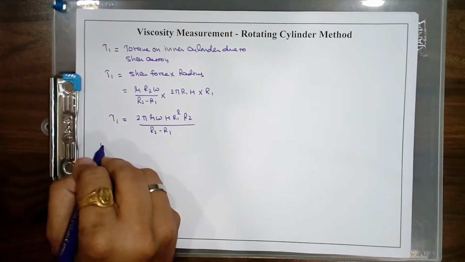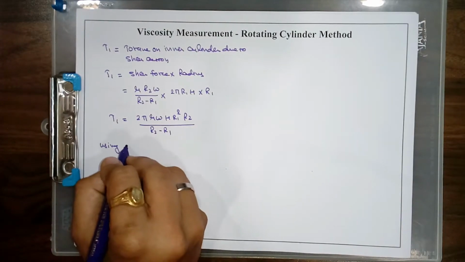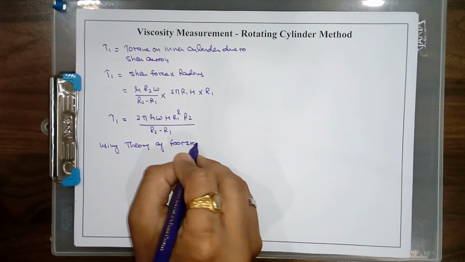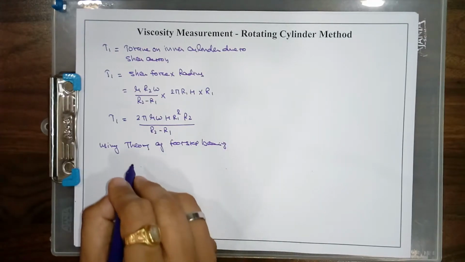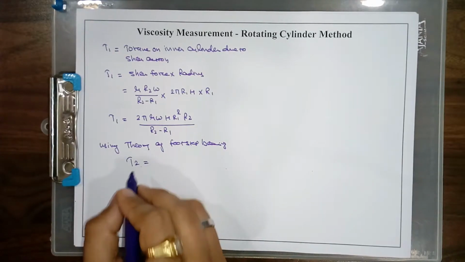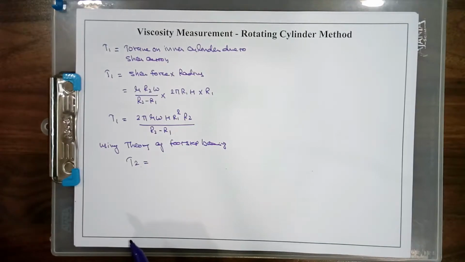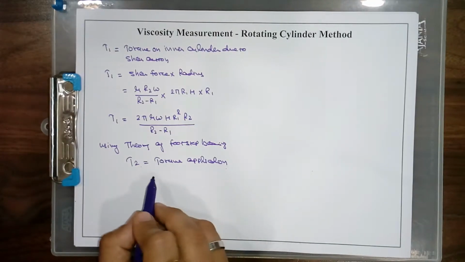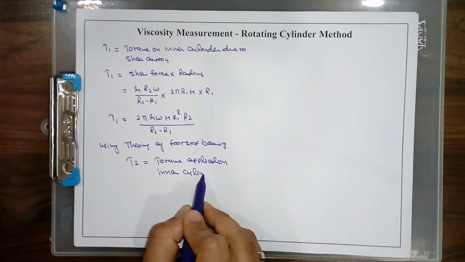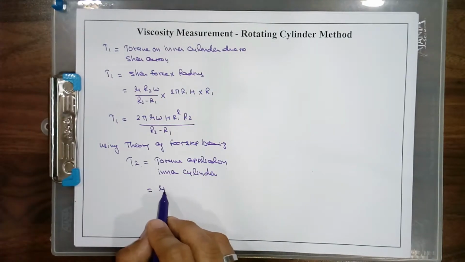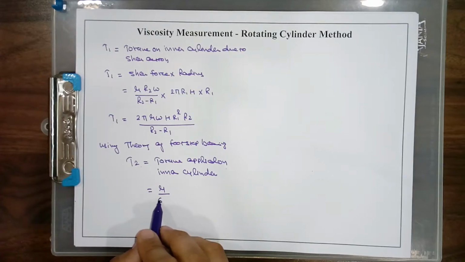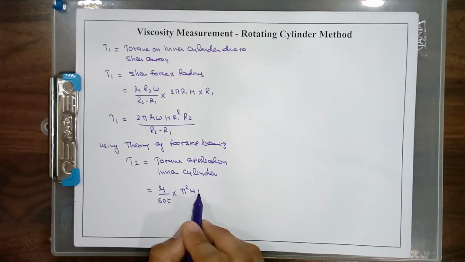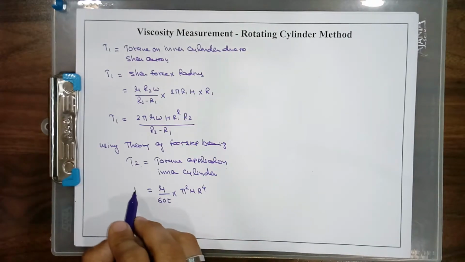So using the theory of footstep bearing, we calculate T2, the torque applied on the inner cylinder: mu divided by 60T into pi square and r to the power 4.